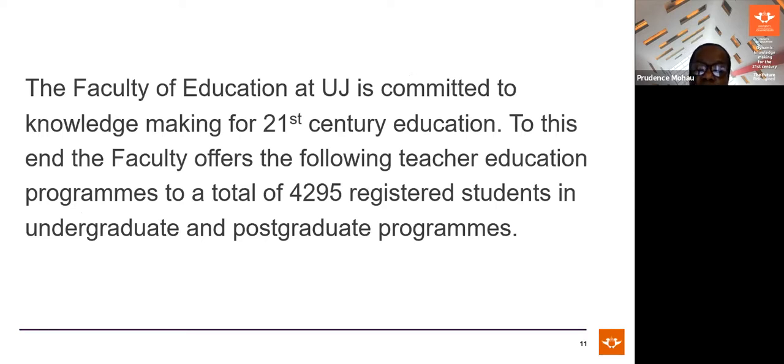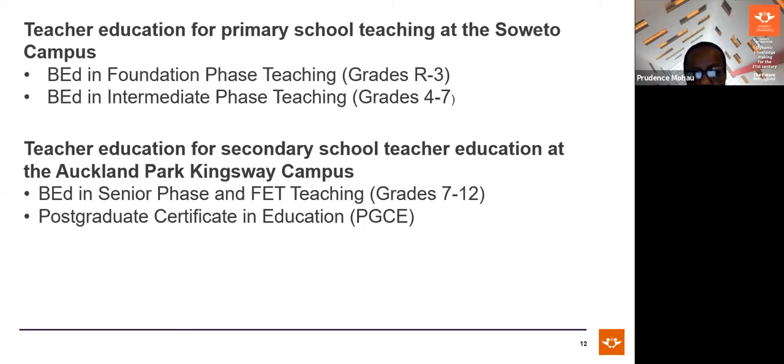The Faculty of Education is committed to knowledge making. And to this end, we offer the following teacher education programs to a total of 4,295 registered students in both the undergraduate and postgraduate programs. The teacher education for primary school teaching at the Soweto campus, we have the B.Ed in foundation phase teaching.